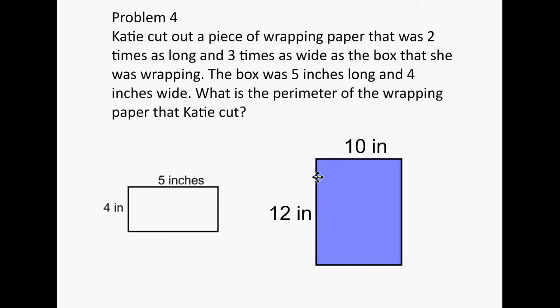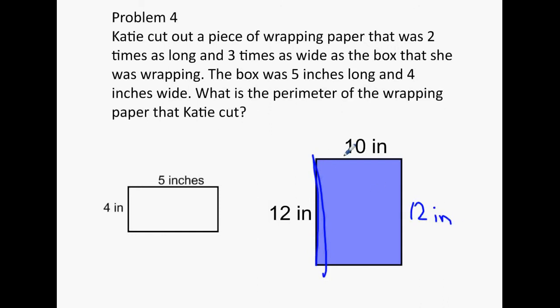Now the question asks this. What is the perimeter of the wrapping paper that Katie cut? Remember, perimeter, we have to go around this object. So if we know that this side is 12, then we know this side is 12.